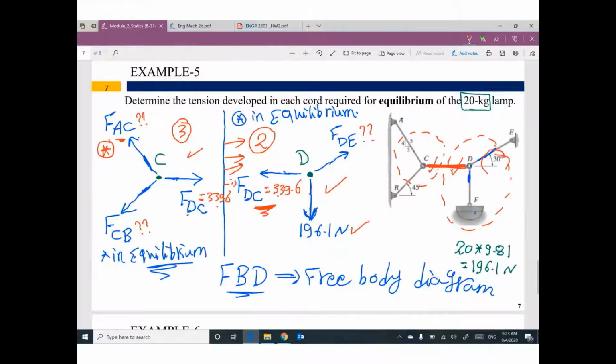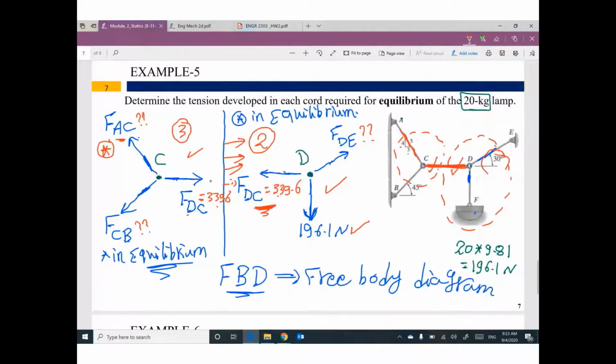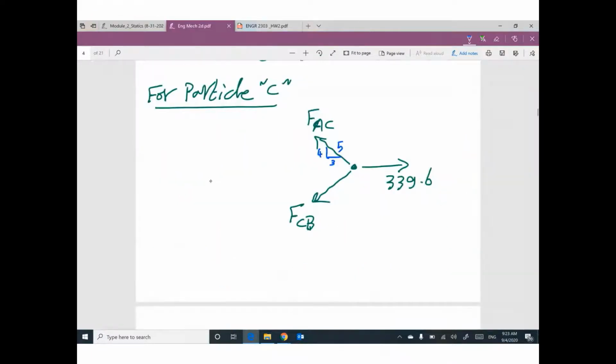The force in this chord has right angle triangle 3, 4, and 5. We have here 3, 4, 5. And for the second one, we have angle here 45 degree.